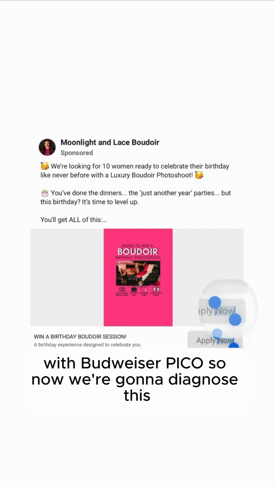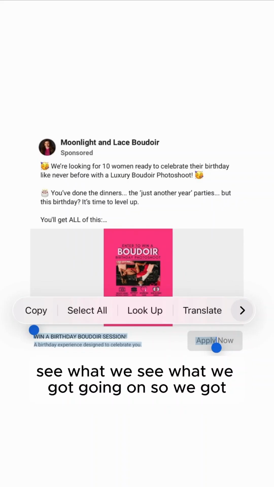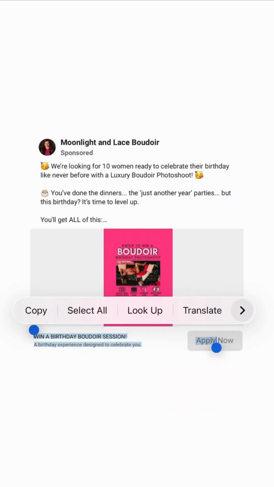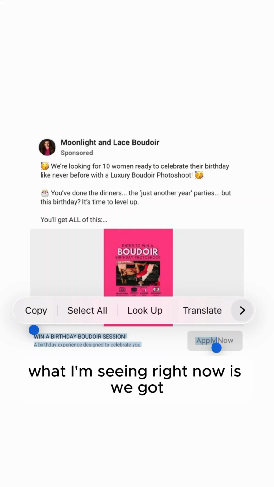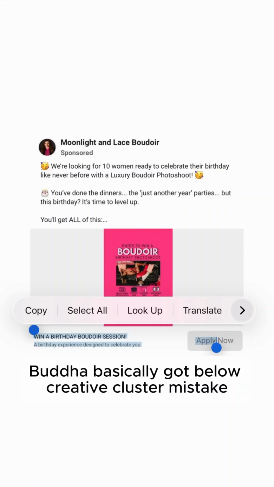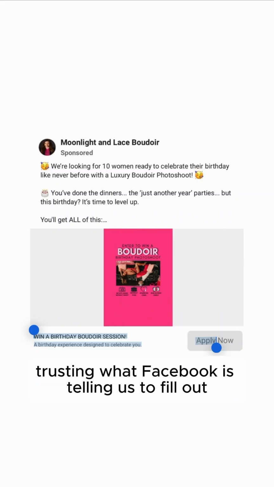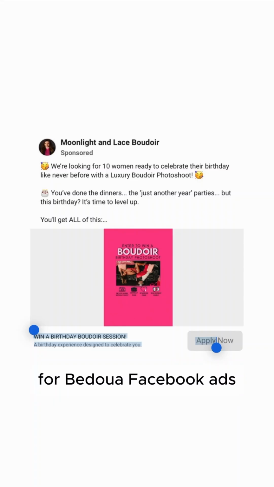So now we're going to diagnose this, see what we got going on. What I'm seeing right now is we got a Boudoir creative cluster mistake. That's what we got going on right here. So we're actually trusting what Facebook is telling us to fill out for our Boudoir Facebook ads.